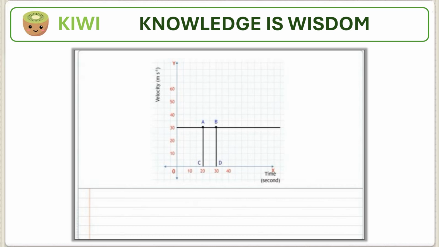The time taken, t, by the car to move from the position represented by point A to the position represented by point B is the difference of times t2 and t1. We can say AB is equal to CD is equal to t2 minus t1 is equal to 30 minus 20 is equal to 10 seconds.